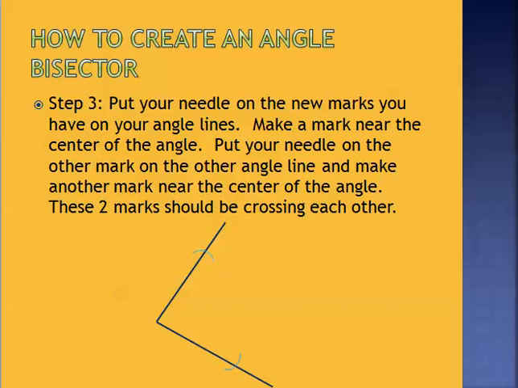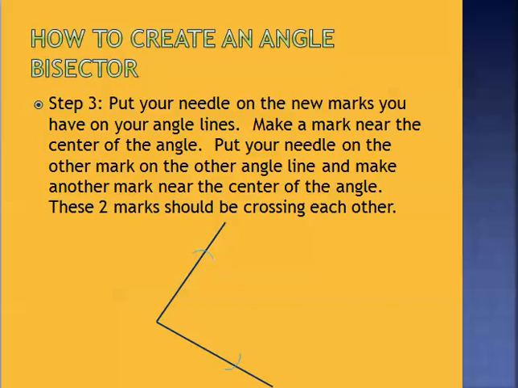Okay, so you will see here those two light blue marks are the marks that your compass would be making on your original blue line. Your original dark blue angle is seen there, and then your compass would have made the two light blue marks that you see on there.